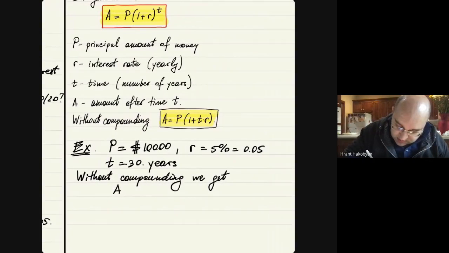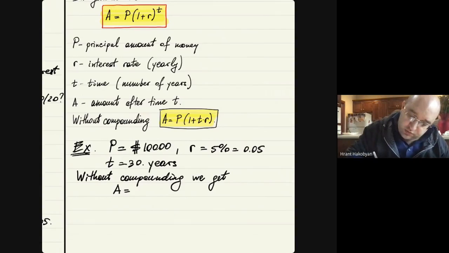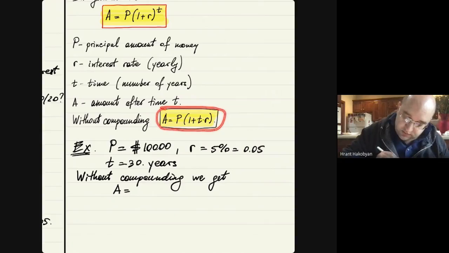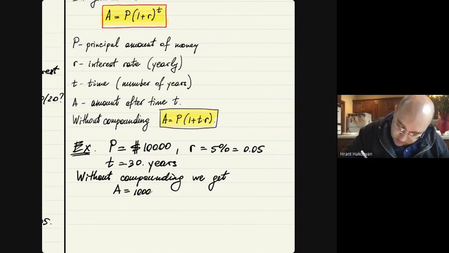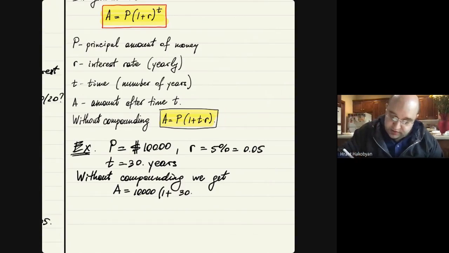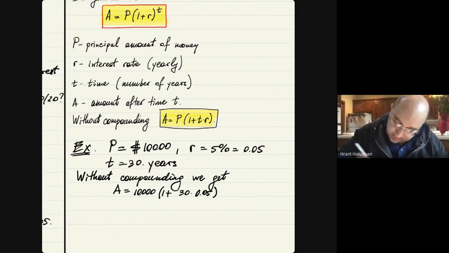A is equal to, this is the formula I'm using, P, which is 10,000, multiplied by 1 plus T, which is the number of years, so 30, times 5%, the yearly rate, so 0.05.